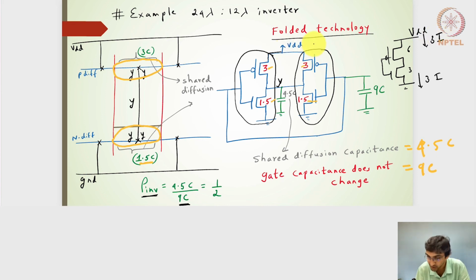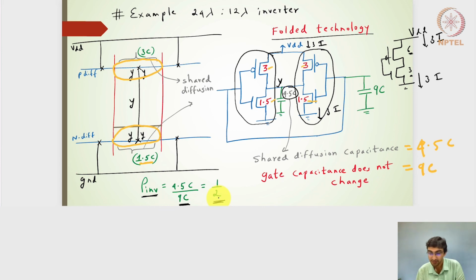As compared to here, the current is actually 3i, and while it is discharging to the ground, the current is actually 3i. So the output current while it is discharging or charging for 4.5C will still be 3i, and for defining my benchmark inverter, the conventional benchmark inverter should be 6:3. So my normalized inverter in this particular case will be 4.5C divided by 9C, so it will be nothing but 1 by 2. Right? Hope this is clear.